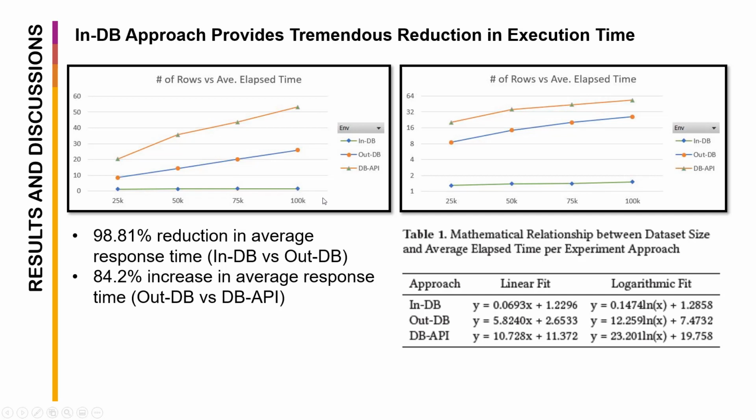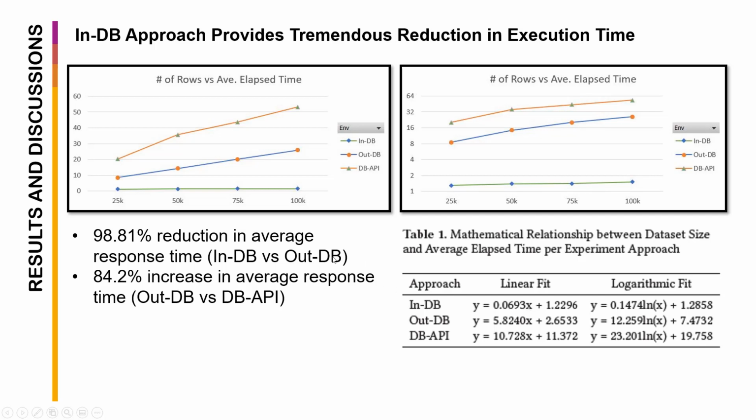By looking at the linear fit, we can see that there's a 98.81% reduction in terms of the total or overall average response time, by simply looking at the scale of how the elapsed time grows together with the number of rows.